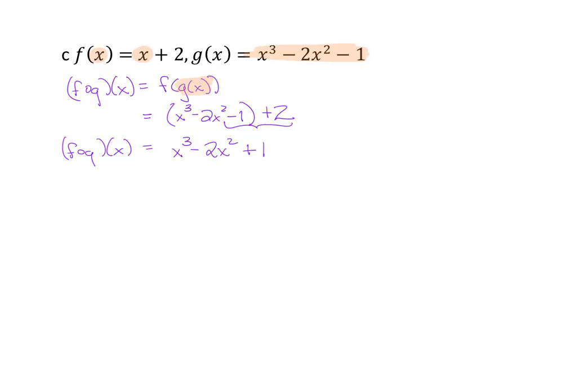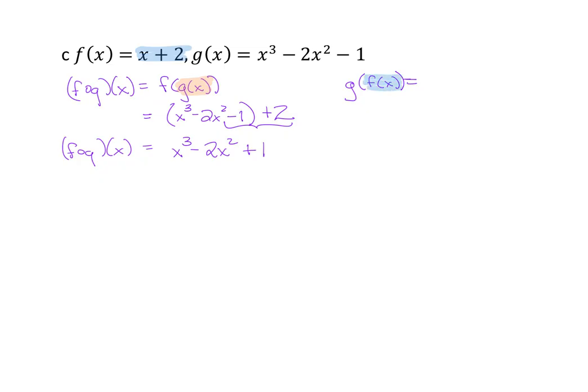Now, for the second one, for g of f of x, this one gets a little bit more complicated. And so when we do this, our first step is basically the same thing. So we want g of f of x. And what this means is I want to take my f of x.